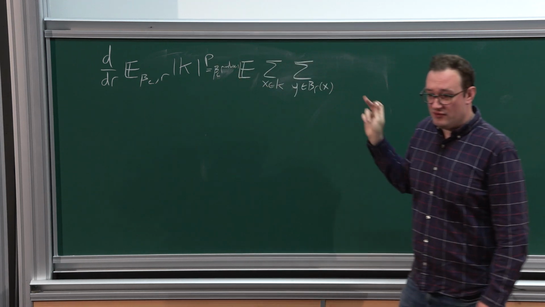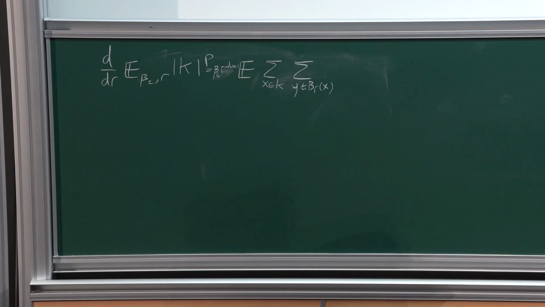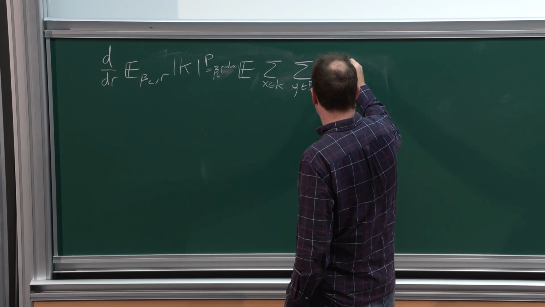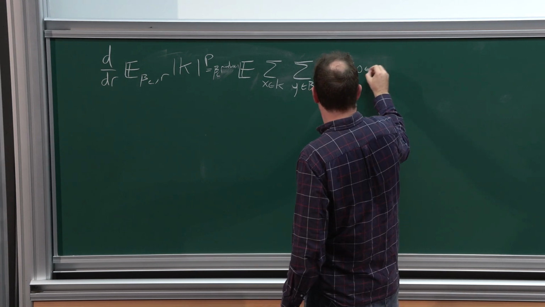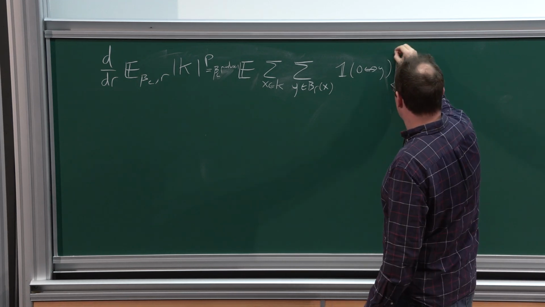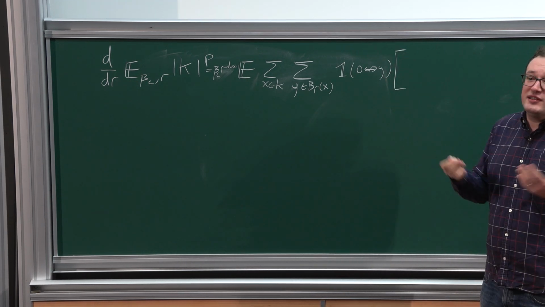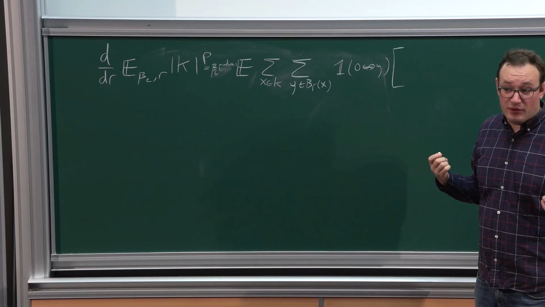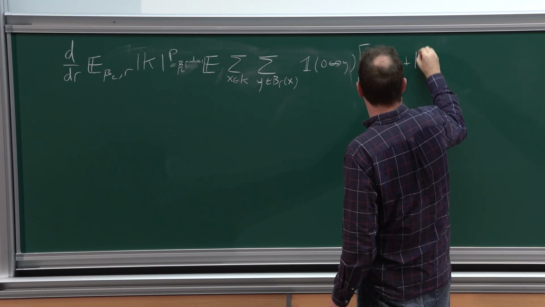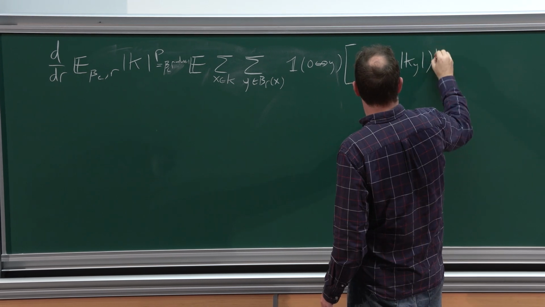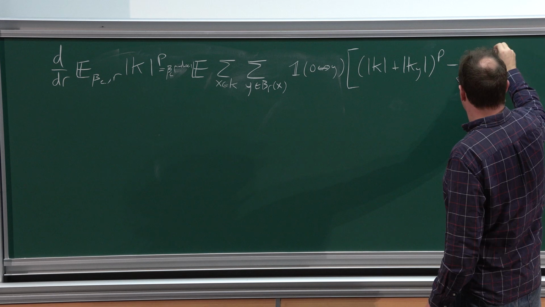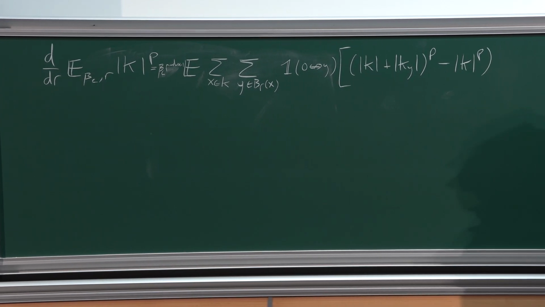That's coming from the derivative of J with respect to r. And what should I get? Well, I need this indicator that y is not in the cluster of the origin, as before. And then I want to say, okay, well, how much do I win? How much do I increase the p-th moment by connecting x to y? Right, and of course it's just the p-th power of the sum minus the p-th power of the original cluster.